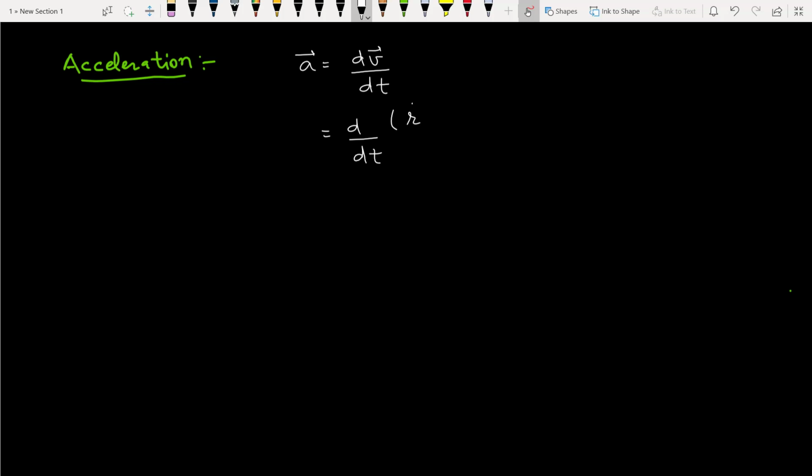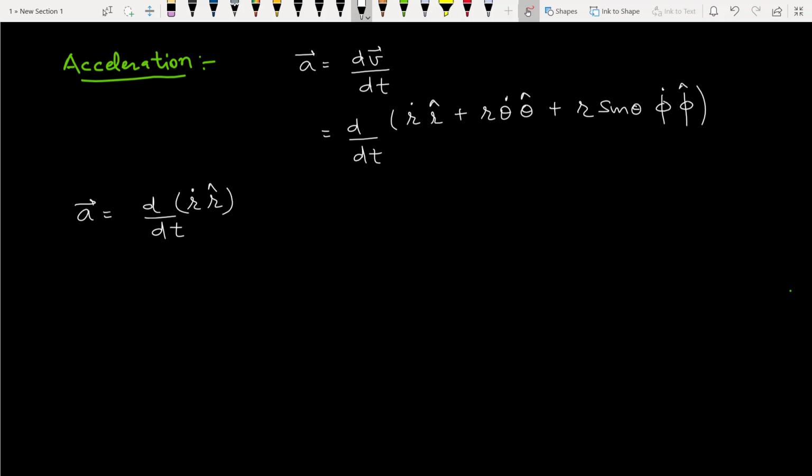It is r dot r cap plus r theta dot theta cap plus r sin theta phi dot phi cap. So as there are three terms in addition, we do the derivatives separately for each term.